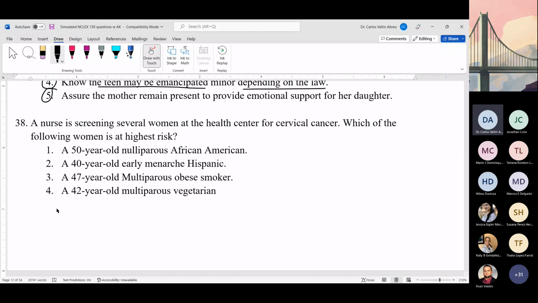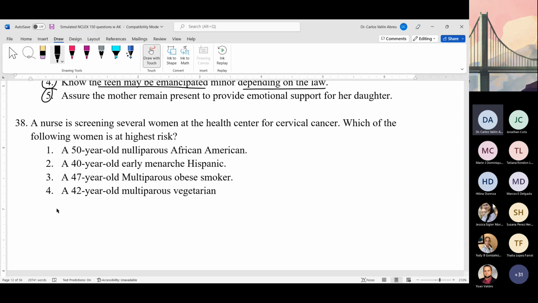A nurse is screening several women at the health center for cervical cancer. Which of the following women is at highest risk? 50-year-old, nulliparous, African American. 40 years old, early menarche, Hispanic. 47-year-old, multiparous, obese smoker. 42 years old, multiparous vegetarian.